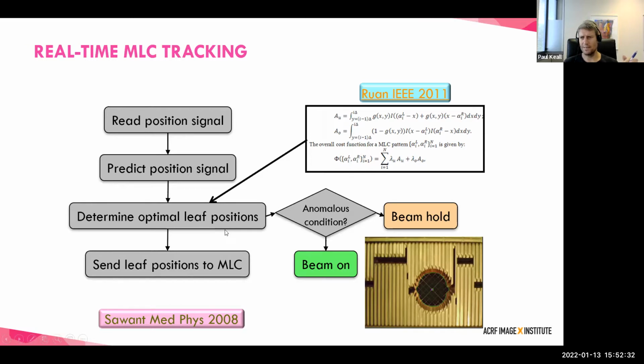And then we have the engineering process of taking the mathematical optimum into real-world instructions to send the leaf positions to control the radiation beam, adjusting the beam while the patient is being treated.